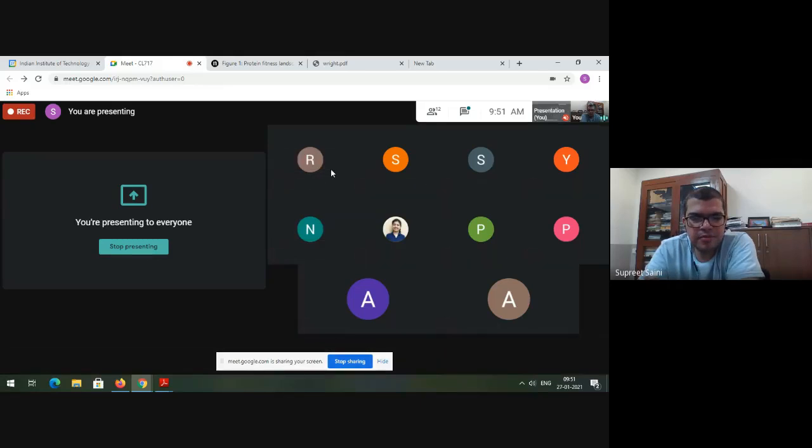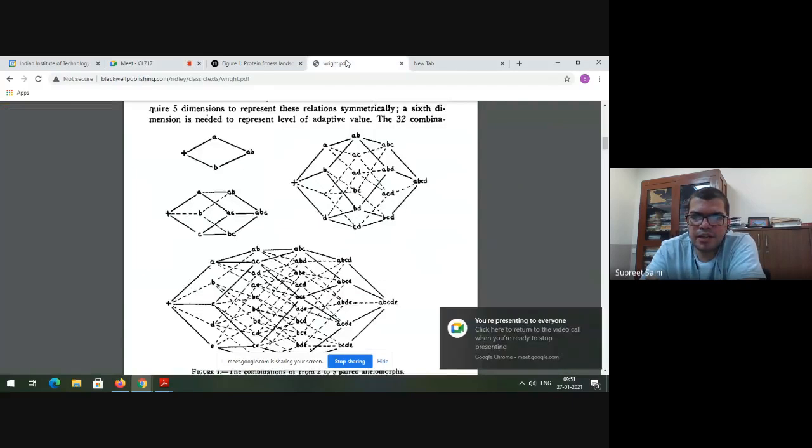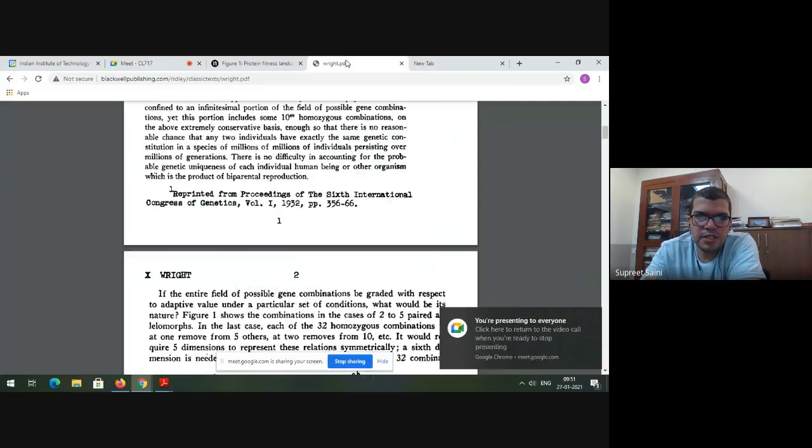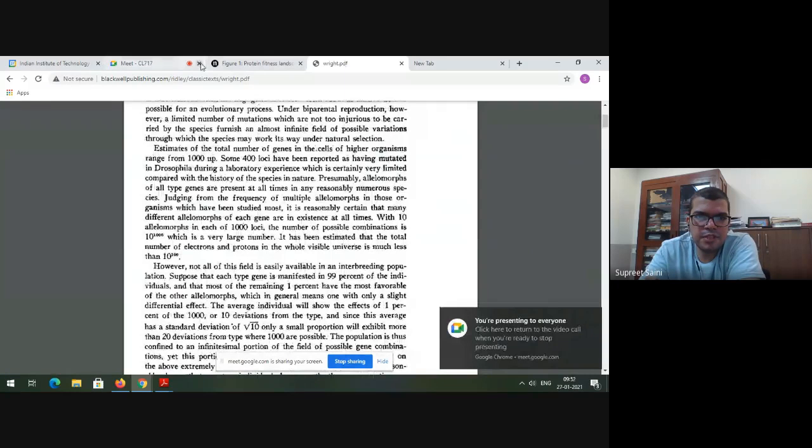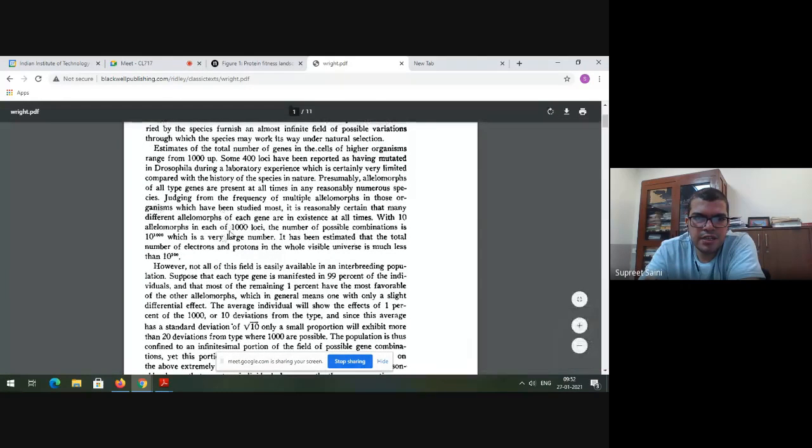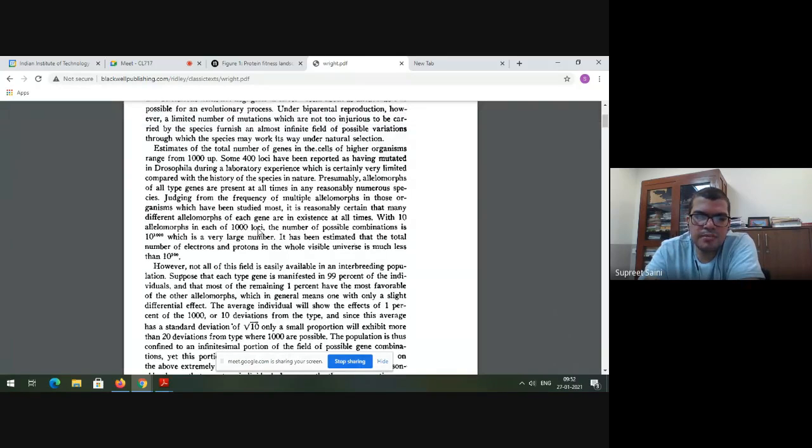It's just, I mean, 4 to the power L, where L is in the millions, is too much. So I have Wright's paper here, and what he says at the beginning of this paper is, let's imagine, of course all of this information was not known at the time, that there are 100 loci on the genome.